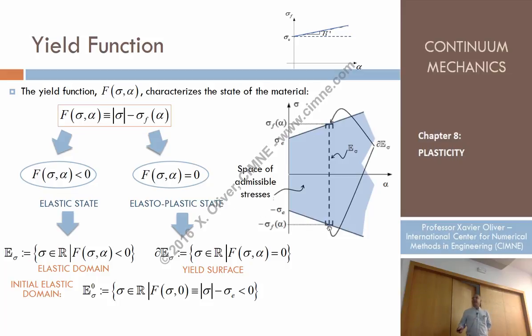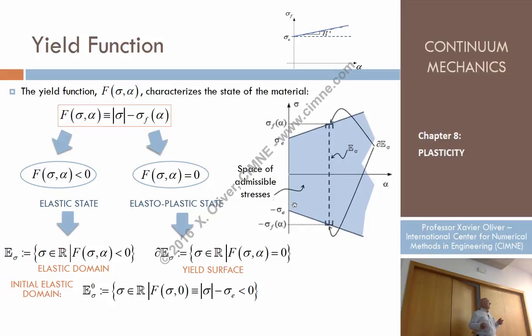And then the limit, the external boundary of this domain, which are this point and that point, so the points where f is strictly equal to 0, where sigma is exactly the yield stress, defines what we call the elasto-plastic domain, or the yield surface. So the yield surface is then defined as the boundary.